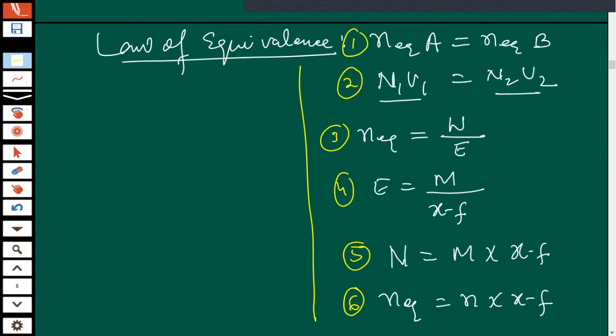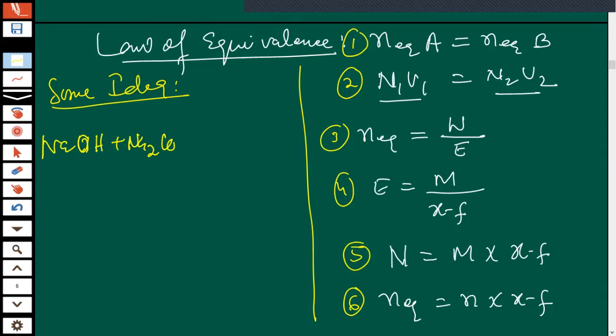Okay. And here some common sense is required. Common sense means some idea. What is that idea? Suppose NaOH is there and Na2CO3 is there, right?